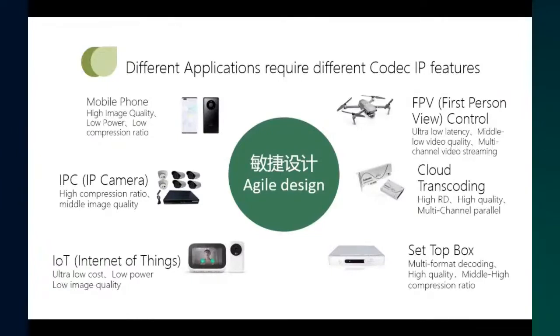Now for the set-top box, it needs to do decoding for multiple formats, so it needs to support different coding standards, and the video quality should be high, and the compression ratio can be middle to high.